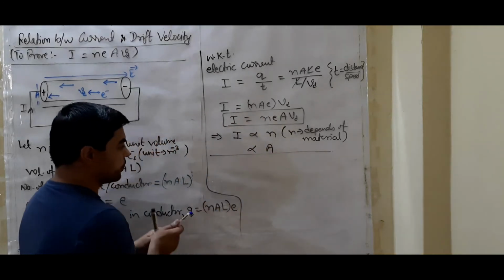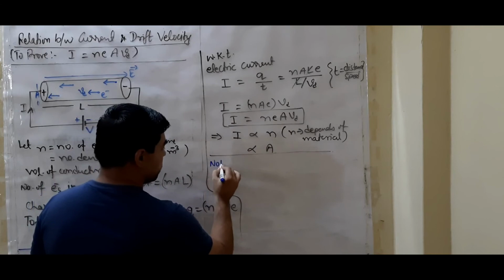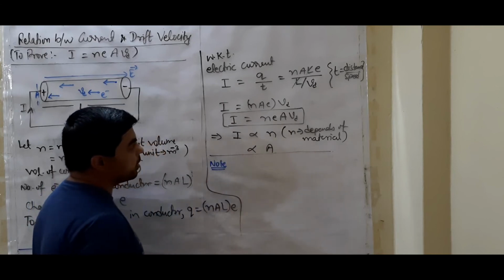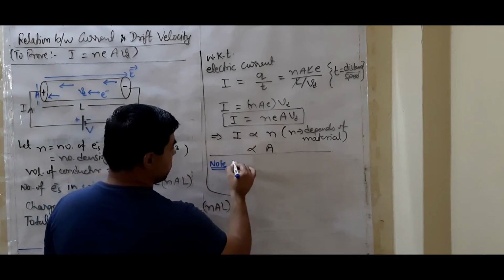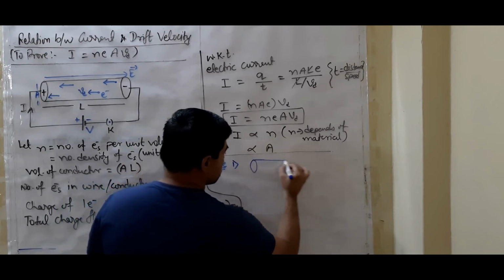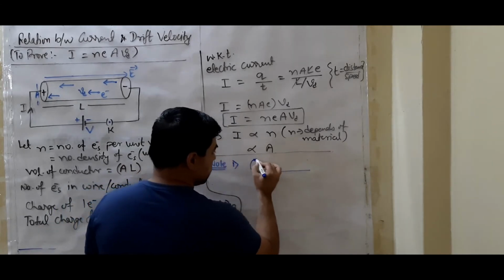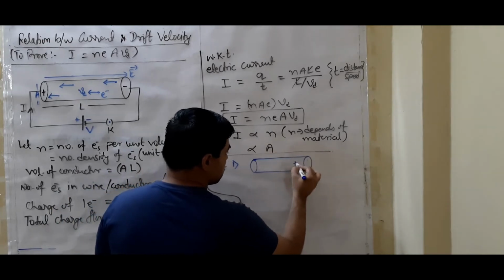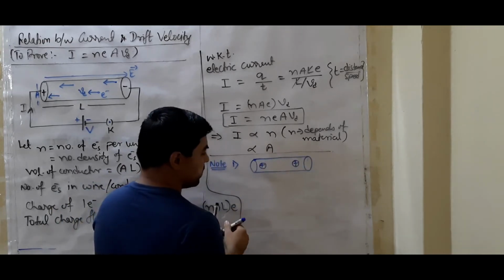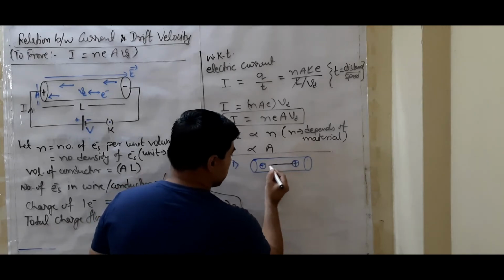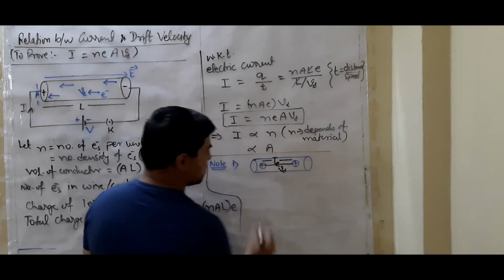So here we can have one note: the factor in drift velocity, the relaxation time, and one important relation regarding that. Suppose this is the conductor, this is the first positive ion, the second positive ion, and the electron is moving from the first to the second with speed Vd. Here the time taken is tau.